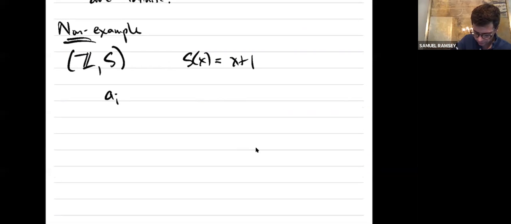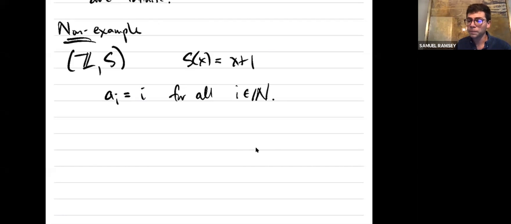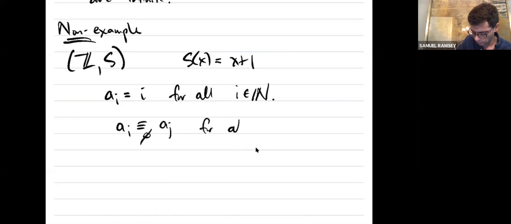Define A I to be I for all I in the natural numbers. One thing that you can note is that A I has the same type, not over A, but over the empty set, as A J for all I and J less than omega.